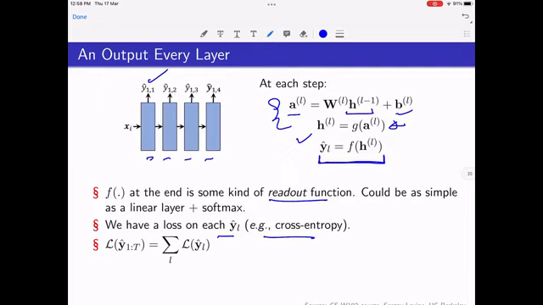So you have this loss at each layer or time step, which you sum up to get the full loss. We will see on Saturday how we will use this whole loss to be backpropagated through this recurrent neural network to get it trained.